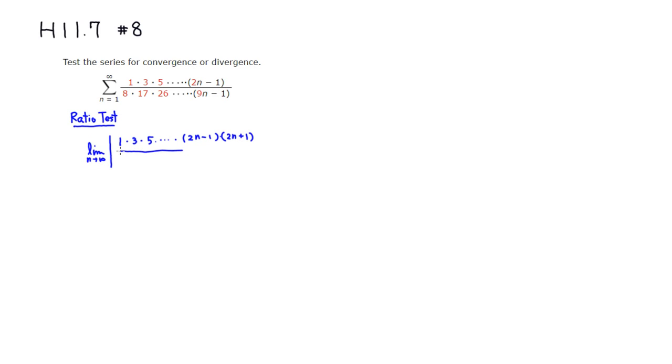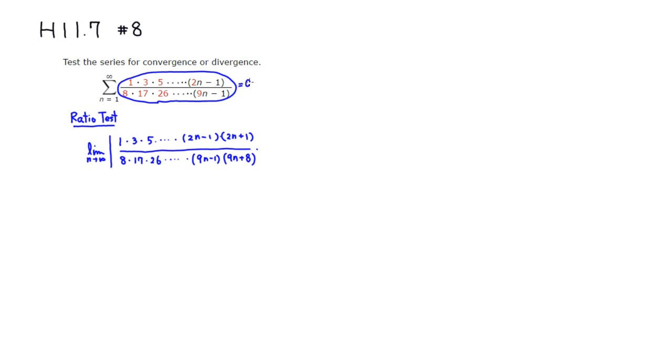And then the denominator would be 8 times 17 times 26 times, and the last one is 9n minus 1. The next one would be 9n plus 9 minus 1, so it's going to be 9n plus 8. Then divide by a_n, this is the original a_n.